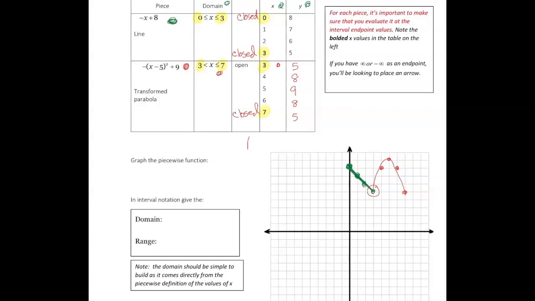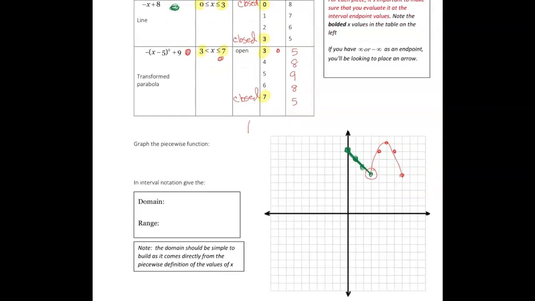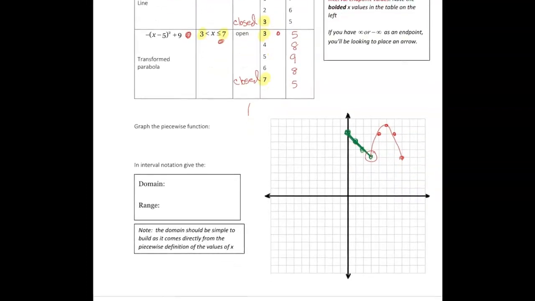Changing to black, I'm going to do the domain of the entire function. So my function in terms of the x's, I start here at this x, which is 0. I can go all the way here. Those are all good, and I have to stop here at this x because that's as far as I can go, and that x was 7.